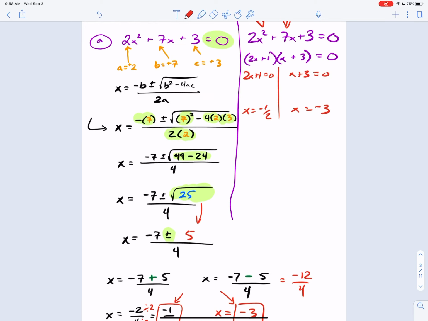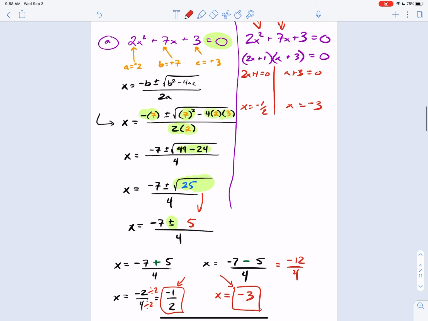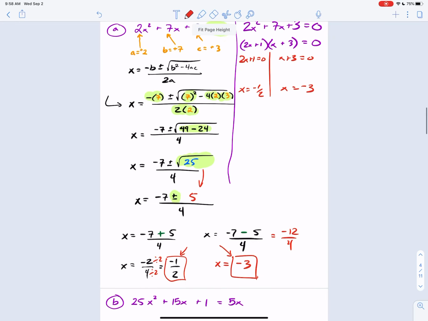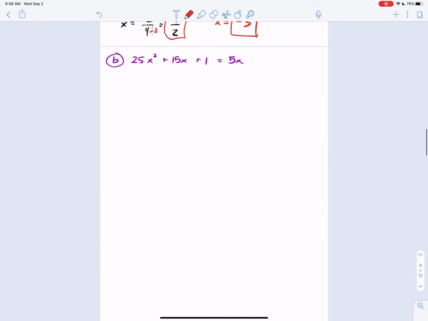Knowing that the quadratic formula takes a long time, you only want to use it when you absolutely need to. Okay? You could go all day with the quadratic formula for any quadratic equation, but you would be wasting your time, right? So the thing with math is you want to be as efficient as possible whenever you can. Okay? So, let's try another one.